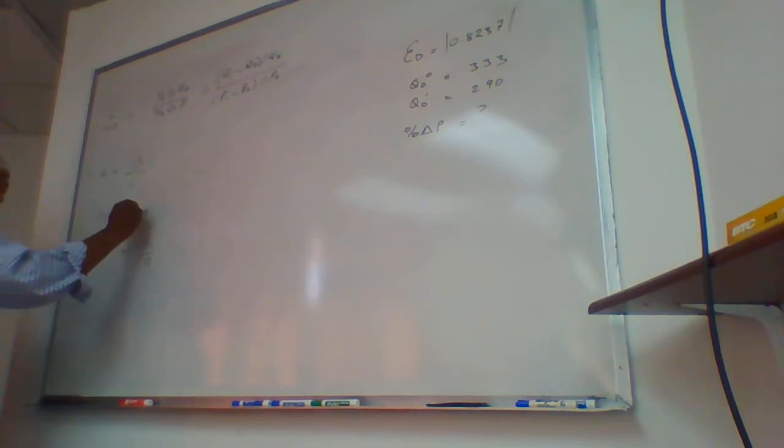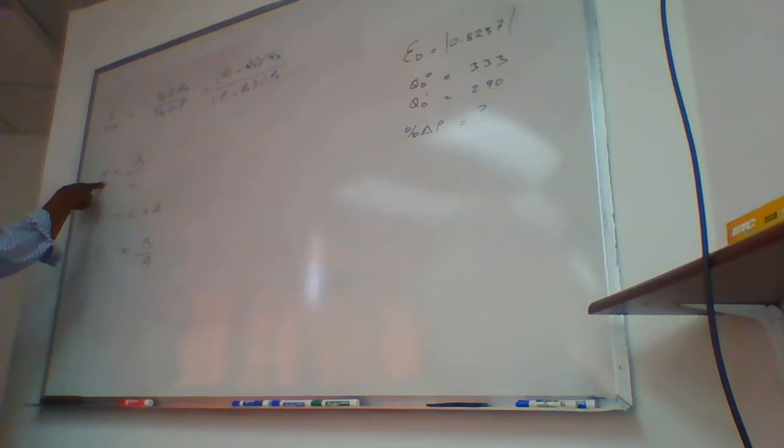B equals C times A, so we know what A is: A is B over C. B is C times A, and C is B divided by A.